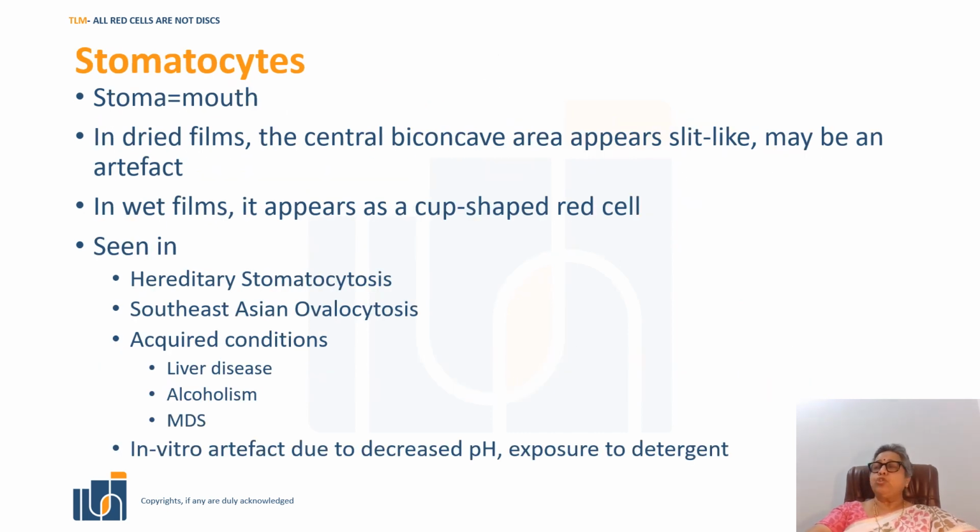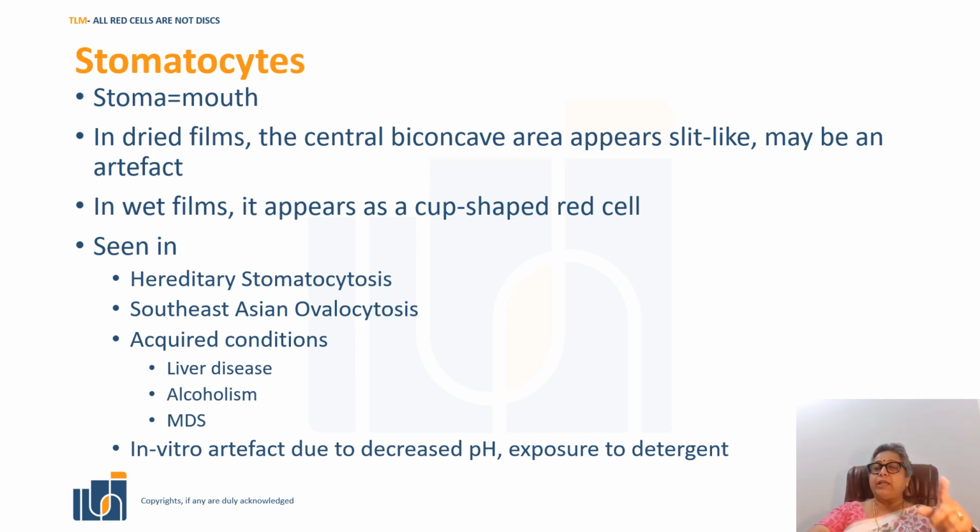Now we'll move on to stomatocytes. Stoma is mouth. So in dried films, the central biconcave area, instead of appearing round, will appear like a slit or like a mouth. This again could be an artifact. All these poikilocytes can be smearing artifacts, drying artifacts, and so on.